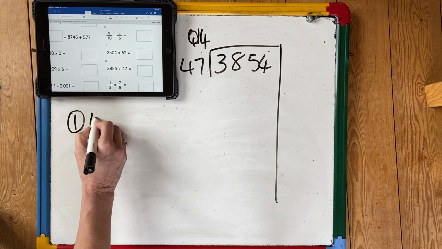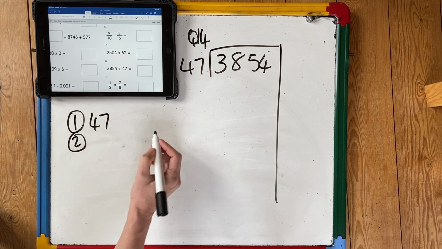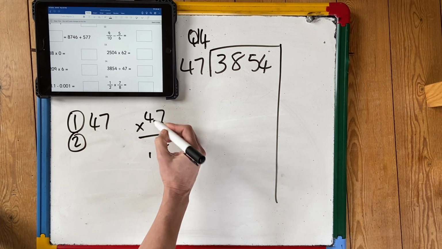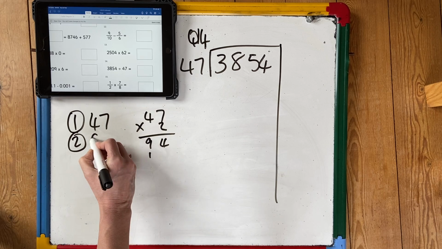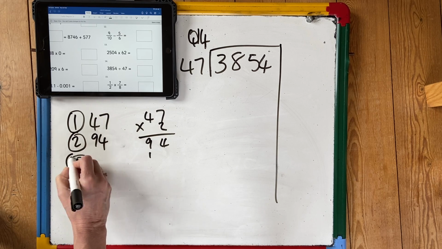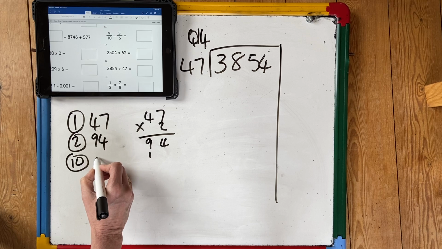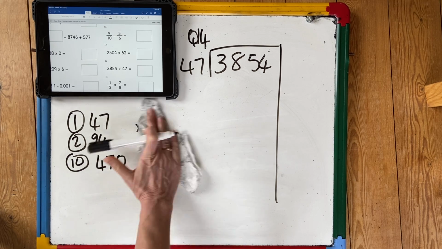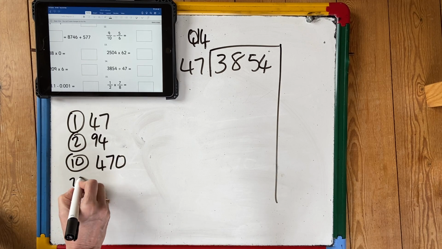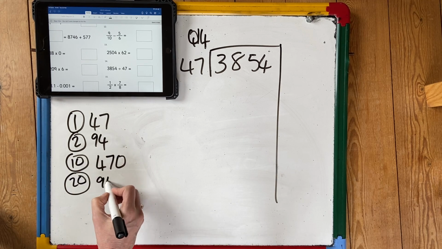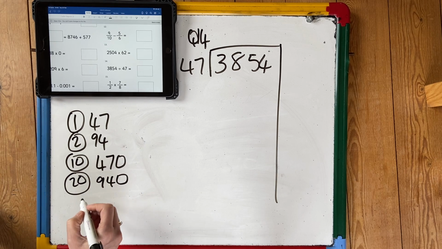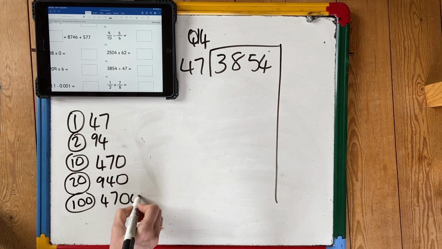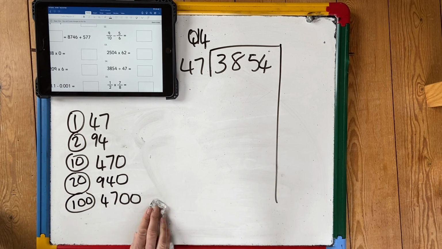So 1 47 is 47, 2 47s, 7 times 2 is 14, 4 times 2 is 8, add the 1 is 9, so 94. 10 times 47, well, you know that 1 47 is 47, so 10 times 47 is 470. 20 47s is 940. 100 47s is 4,700. In fact, that's too big, so you don't need 100 47s.